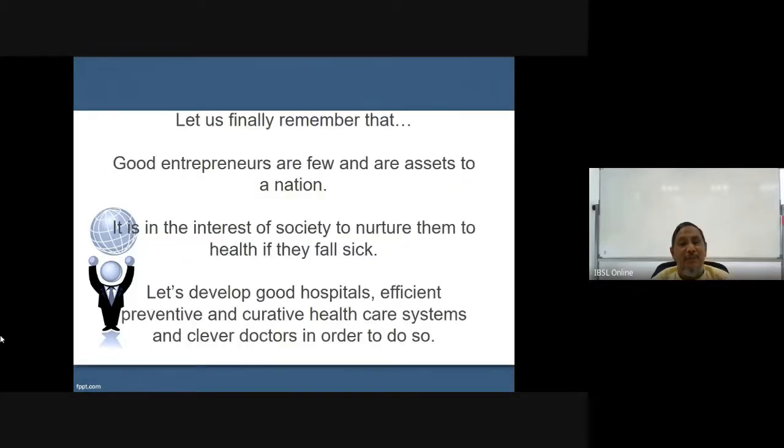Let us finally remember that good entrepreneurs are few and are assets to the nation. Who is an entrepreneur? What is the difference between an entrepreneur and a businessman? Businessmen are just buying and selling without any higher risk: buy at a rate, sell.